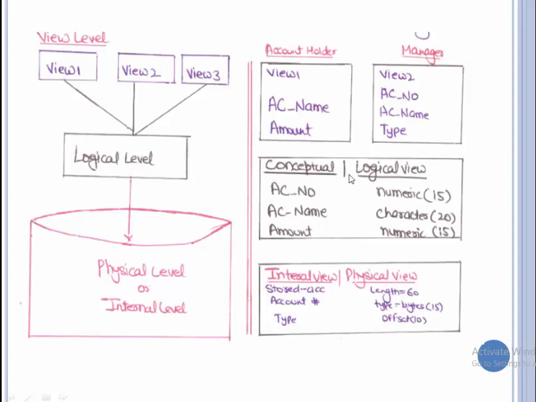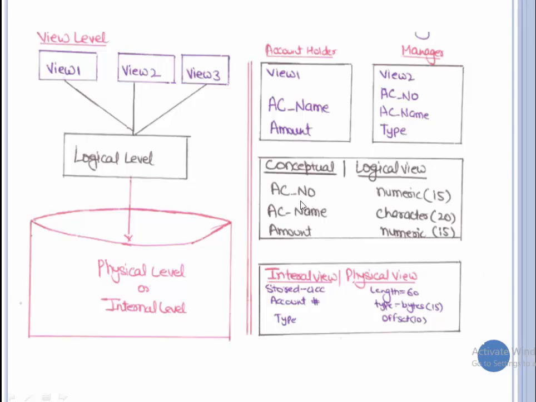And at the next level, the conceptual or logical view, it specifies how the data is stored, with records like fields. These are the fields or attributes: account number, account holder name, and after that the amount or balance of the account holder.